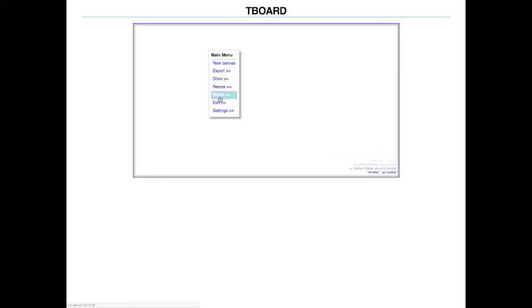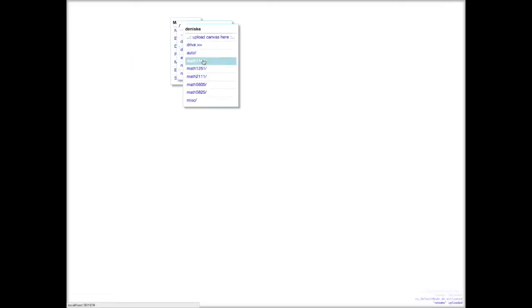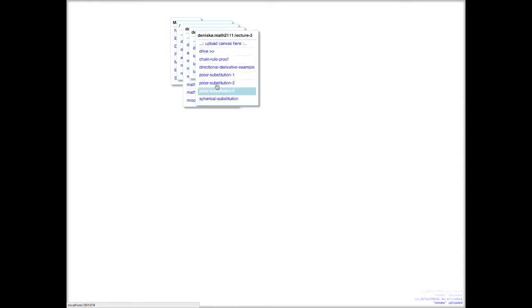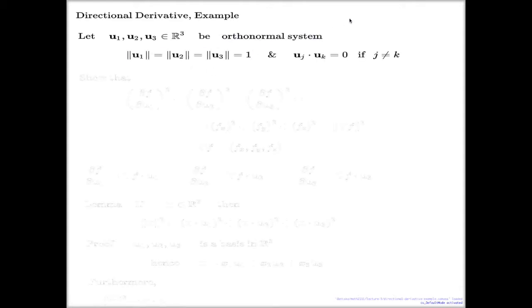Full screen, resize. Here's my file, the directional derivative example, I call it. That's the example I'd like to discuss with you.